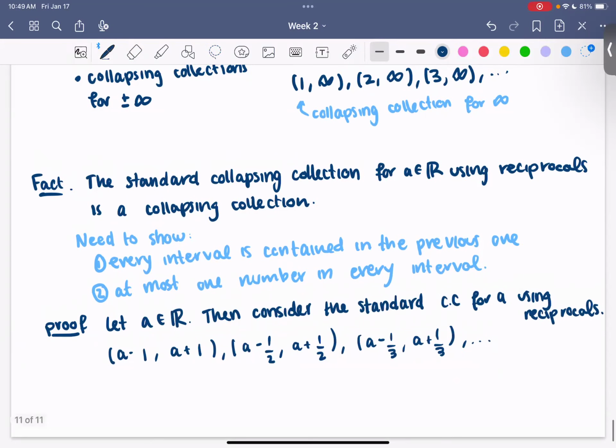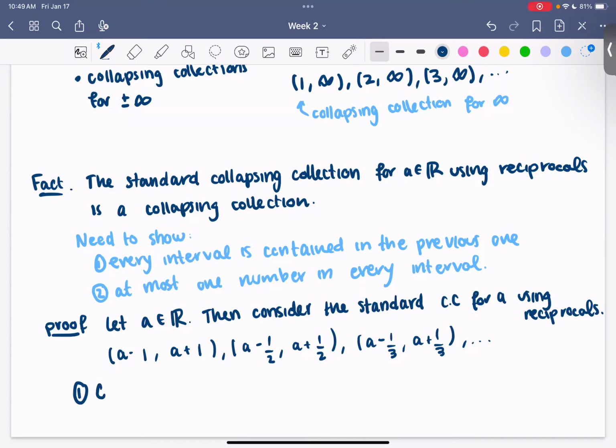So first, why is each interval contained in the previous one? Often it can be helpful to just write down exactly what we're claiming. So I'm going to write down the kth interval and the one that comes after it, which is the k plus 1th interval, and we're going to compare them.